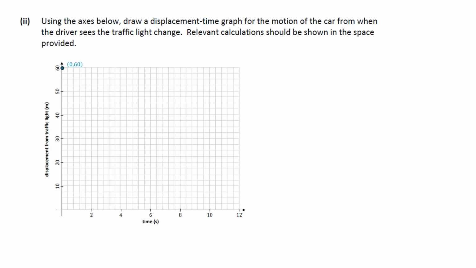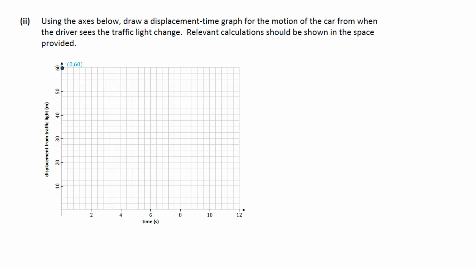Then, because the driver is traveling at a constant velocity, the change in displacement is going to be linear. This is during the 0.5 second reaction time that they have. We need to figure out how far they travel during that, and we've already worked that out in part one, and we know that it's going to go down to 53.06.